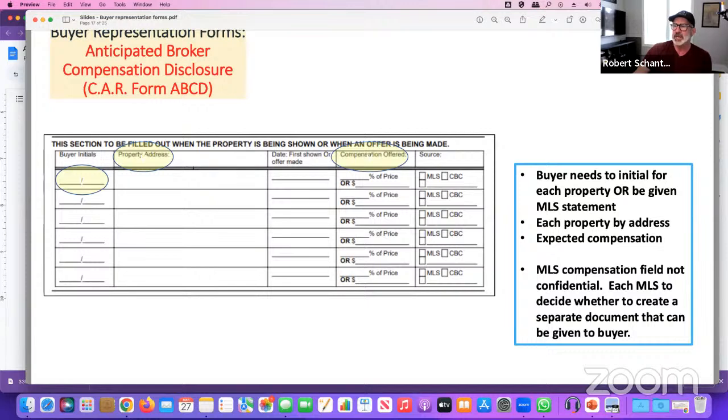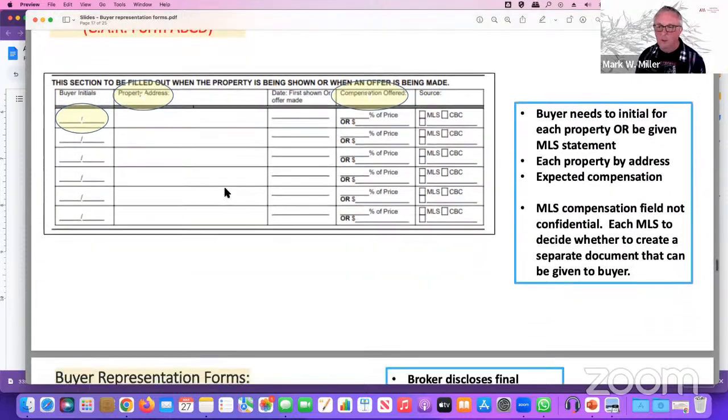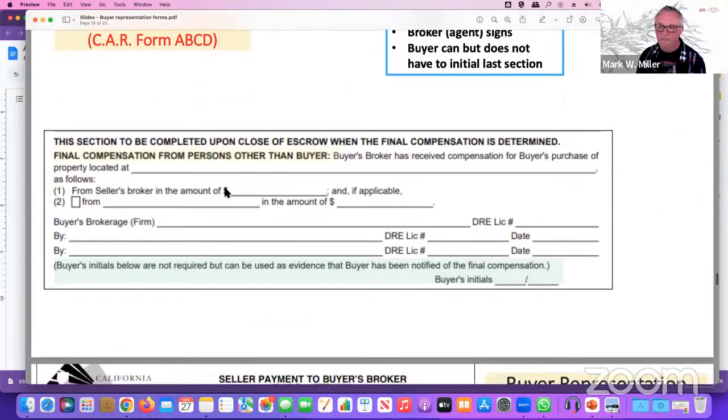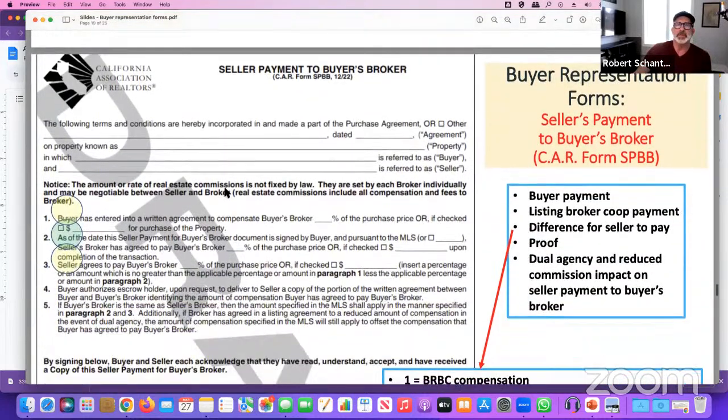And I am seeing in some MLSs, they are disclosing in the IDX feed the buyer broker compensation. So those are appearing like in Zillow and Redfin, those syndication feeds that come through IDX, right? Yeah, that's where it shows up.